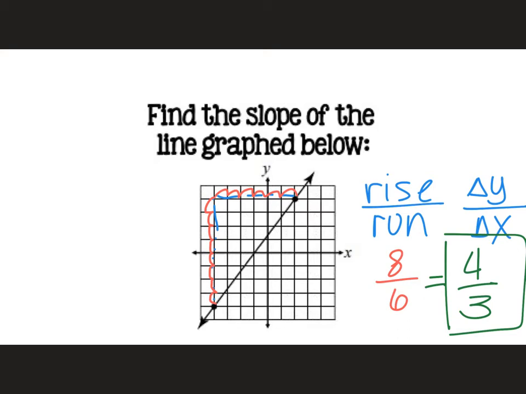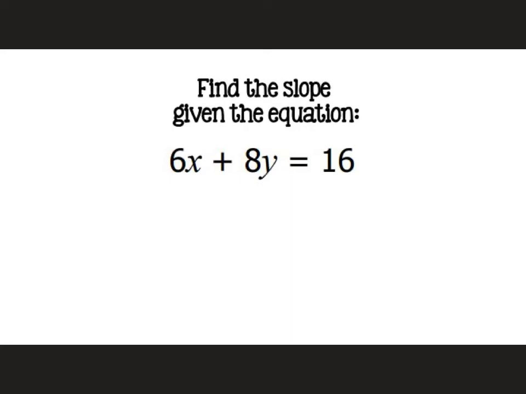Questions so far? All right, now the next is important. This is going to be a big deal. Right now, this equation is written in what we call standard form, but we need it in slope-intercept form. Remember, slope-intercept form is y equals mx plus b. Does that equation look the same? No, it doesn't.